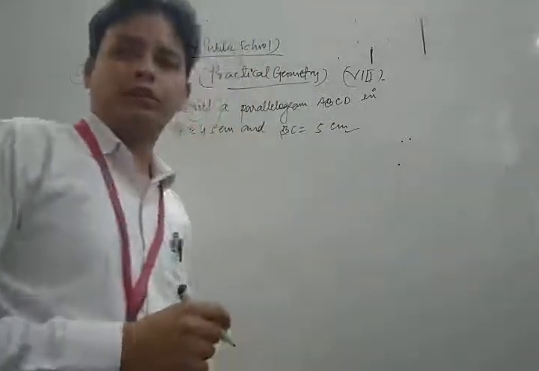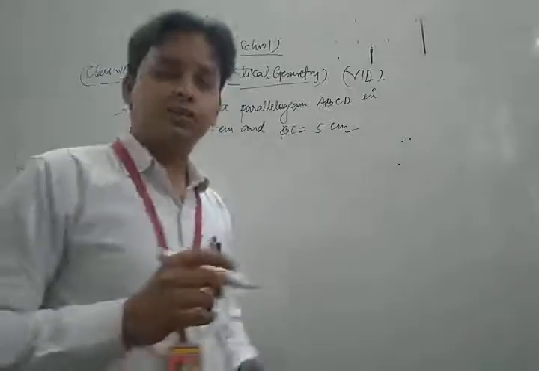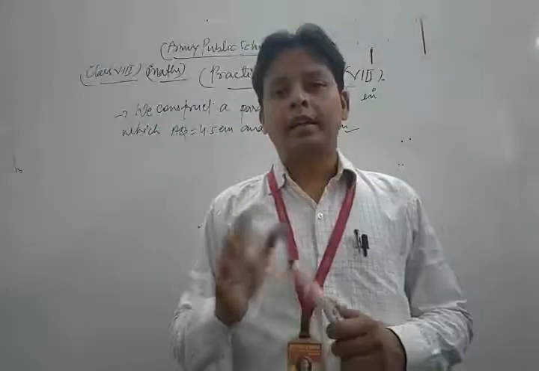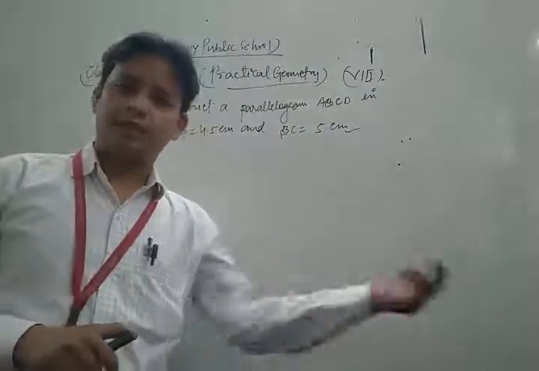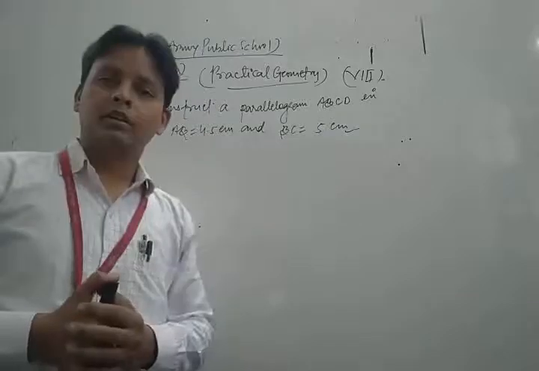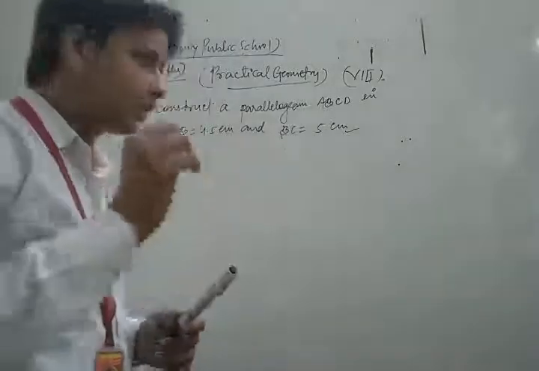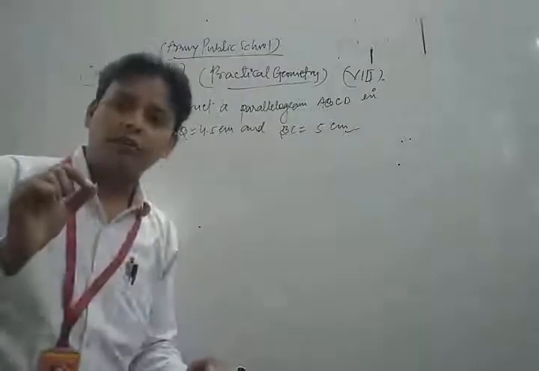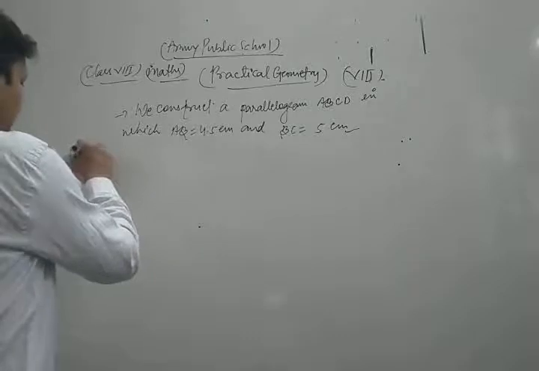Okay, dear friends, first of all, a parallelogram is a region bounded by 4 line segments. So we have 4 line segments to construct that parallelogram ABCD. So please clear the concept of the property of parallelogram. Let's see the solution.